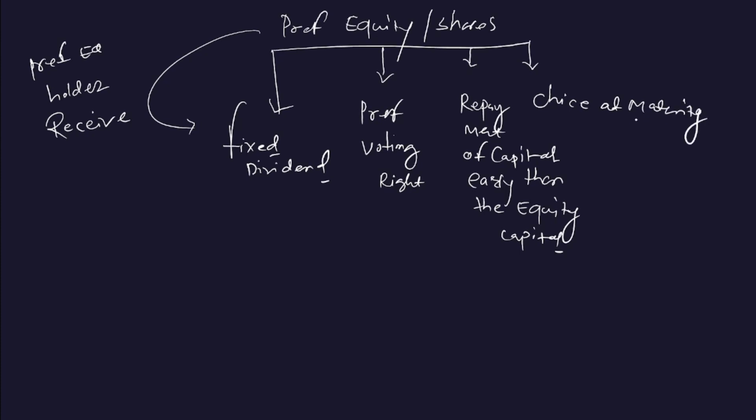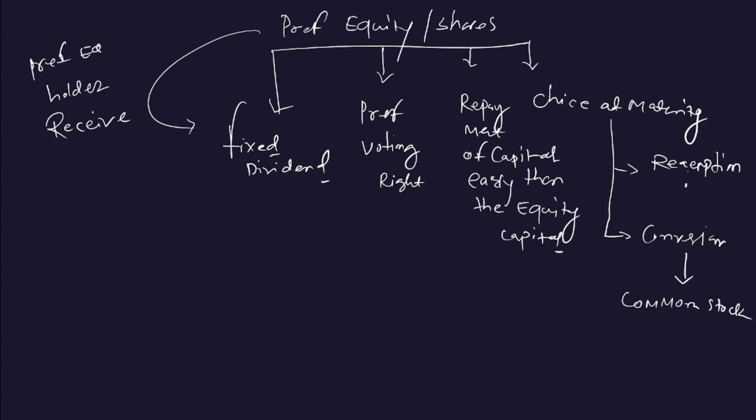What choice at maturity? That is also important. Choice means redemption or conversion. Conversion into, again, common stock, or redemption into cash.